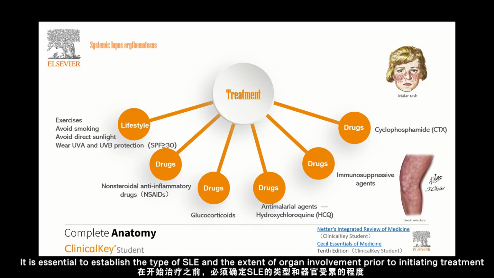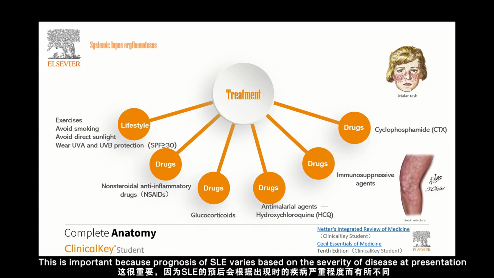It is essential to establish the type of SLE and the extent of organ involvement prior to initiating treatment. This is important because prognosis of SLE varies based on the severity of disease at presentation.